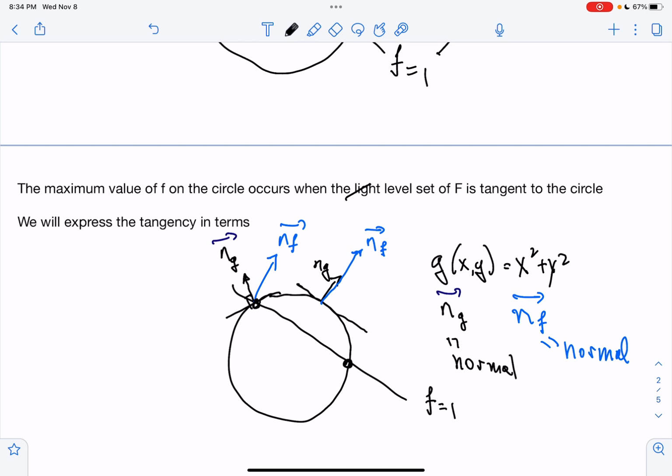Now the second case is when the level set of f is tangent to the circle, and in that case NG, the normal to the circle, and the normal to the f level set are pointing in the same direction. Since their tangents are the same, that means their normals will be the same.